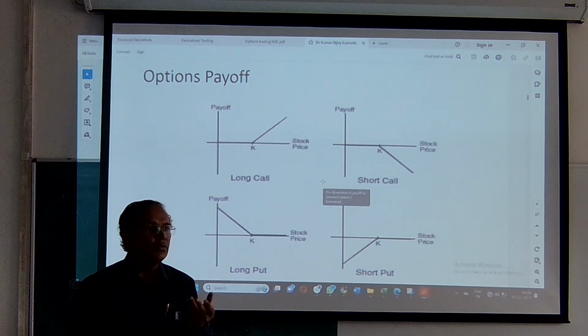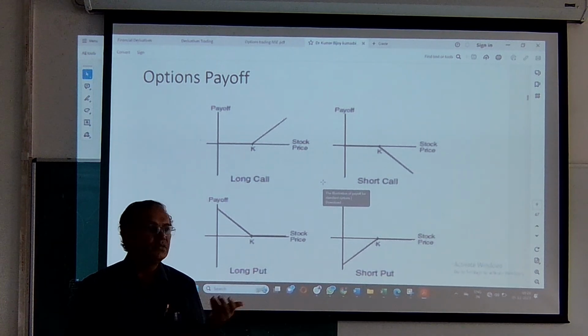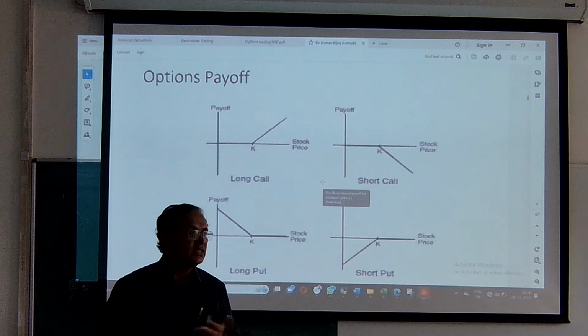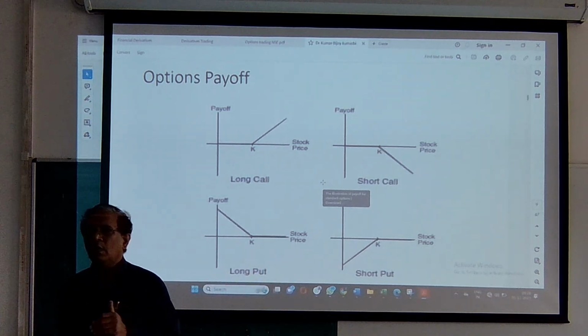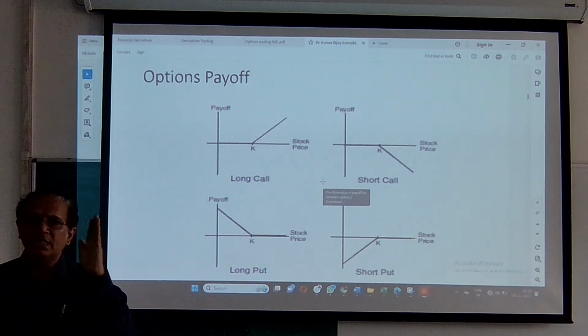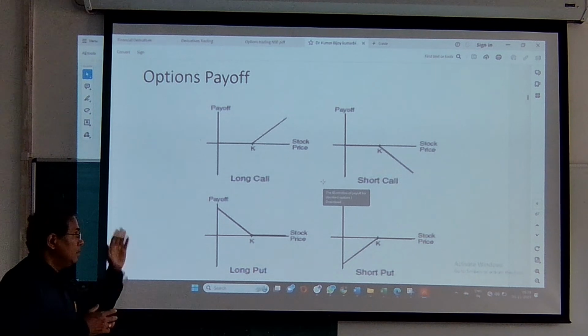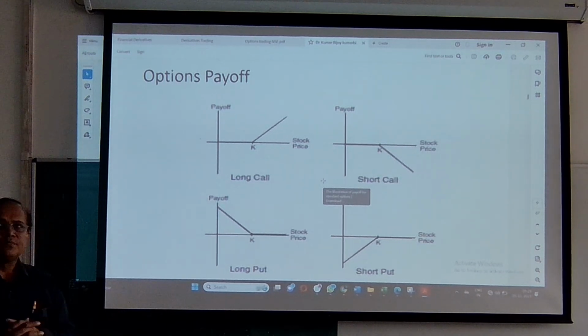Any underlying you can consider. Underlying means it may be currency, it may be commodity, it may be a stock, it may be an index, whatever it is. If you want to buy and the price is expected to move up, then in that case it is better you take a long call.